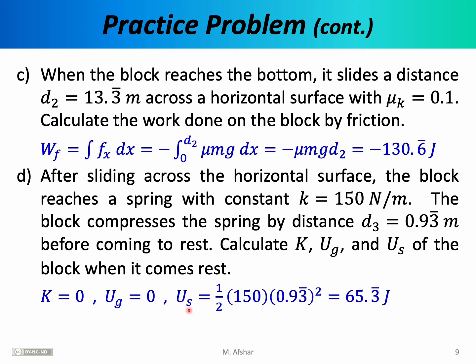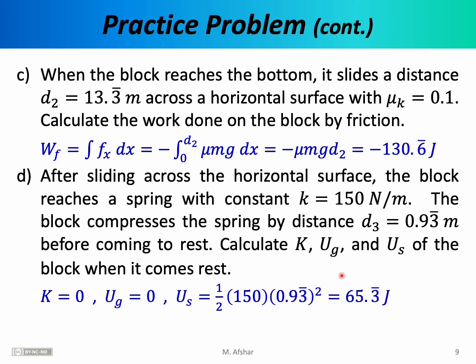And the formula for spring potential energy is 1/2 kx squared. So we have 1/2 the spring constant of 150, and x refers to the compression of the spring. You can call it minus 0.93 if you want, but we're going to be squaring it, so it doesn't really matter. You put all that together and you find that the spring potential energy at the bottom is 65.3 joules.